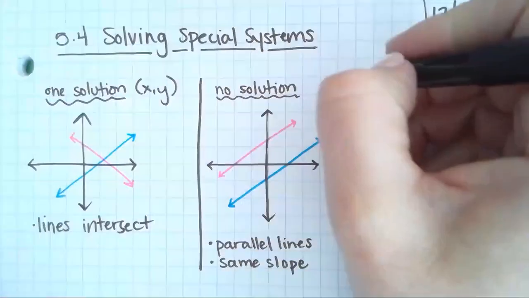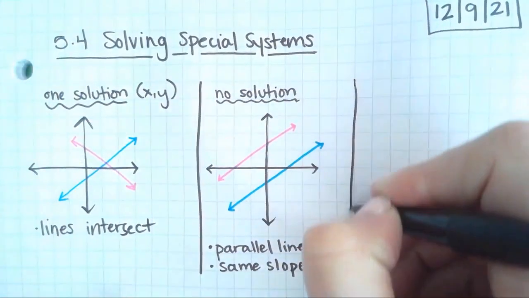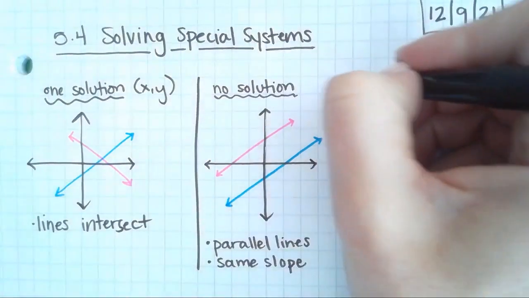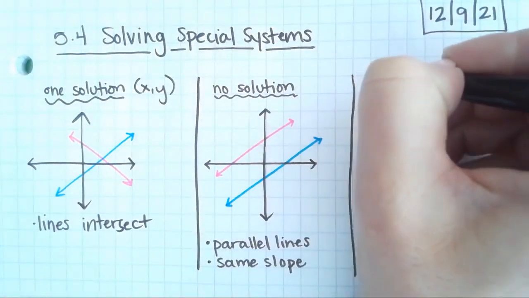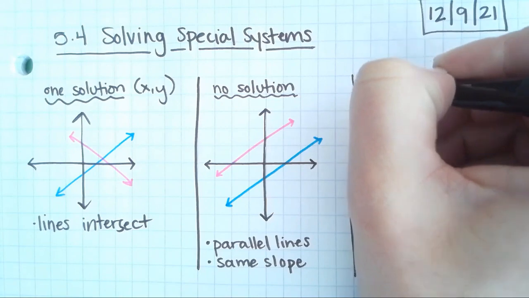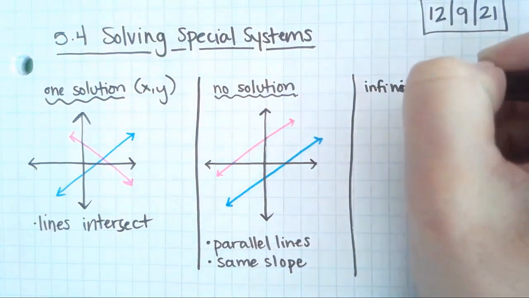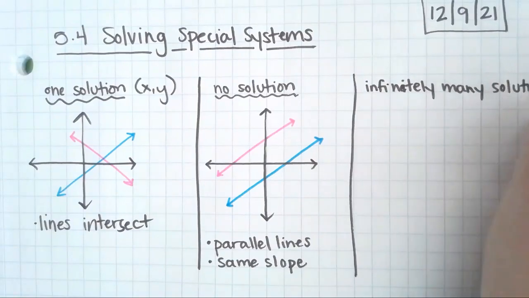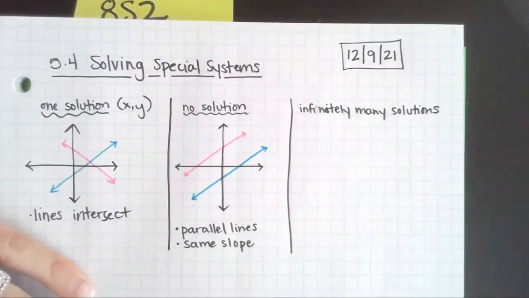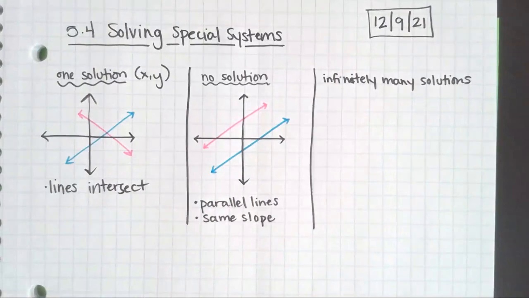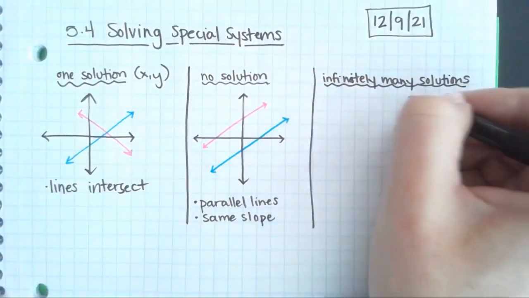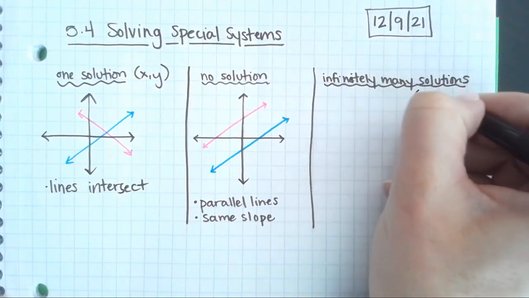The last possible situation that we can have is that there could be infinitely many solutions. And we can abbreviate this if you want to just say IMS.